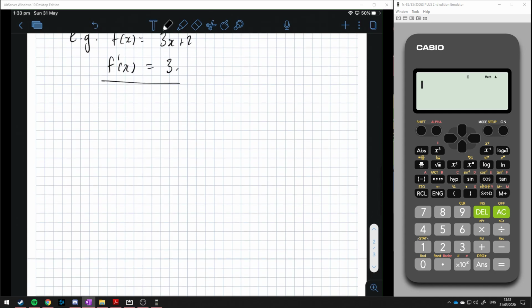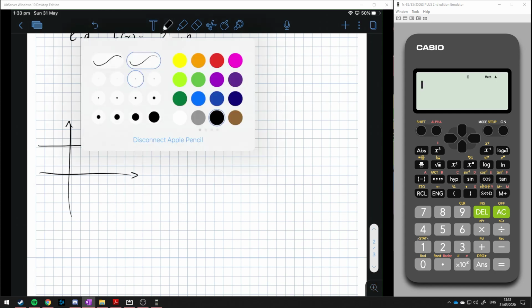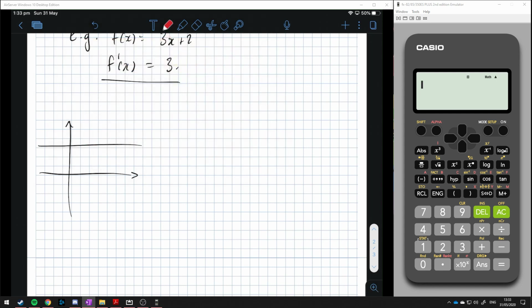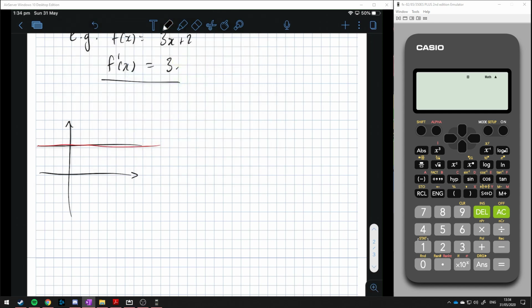Now let's say we have a constant function, something that looks like this. This is our function here, and I'm going to draw my tangent along that function, and it looks like that. Oh, look, that's nice and easy. What's the gradient of that function? Let's say f of x is equal to some constant value.